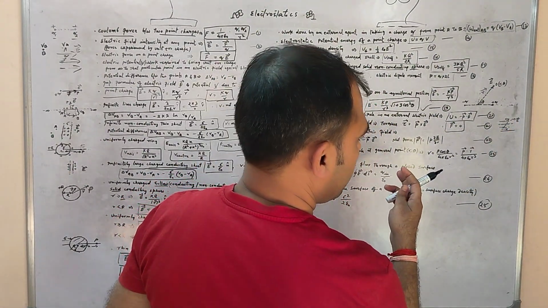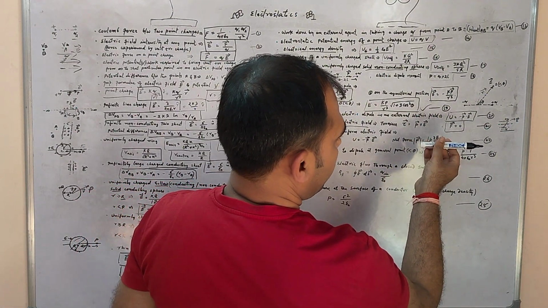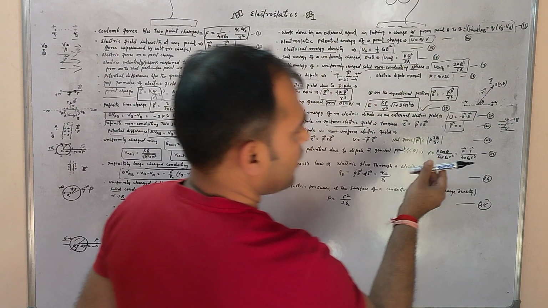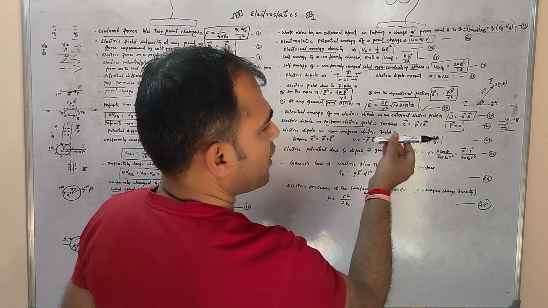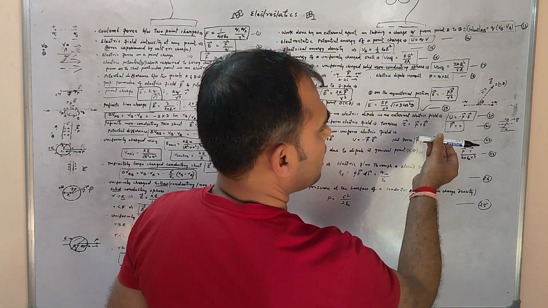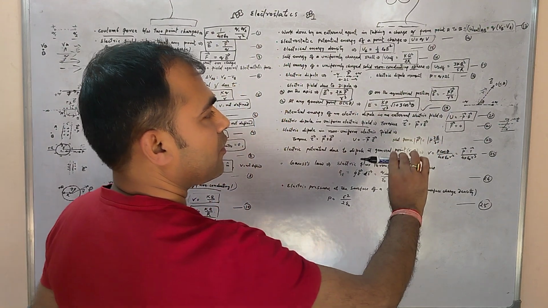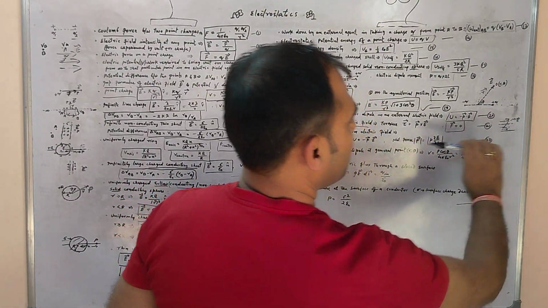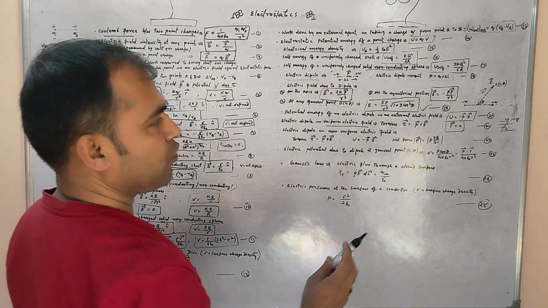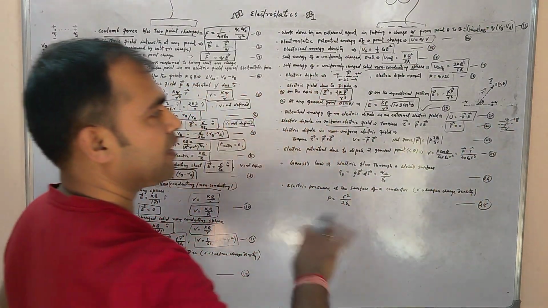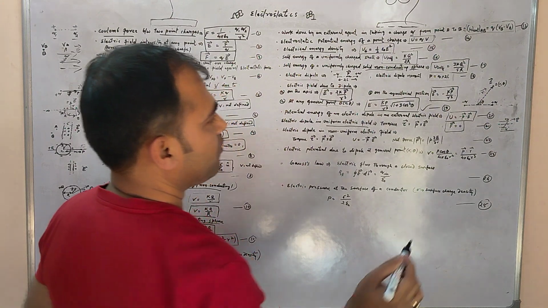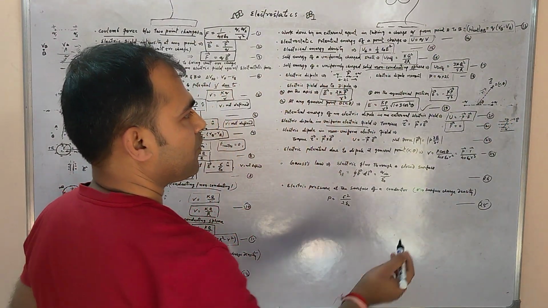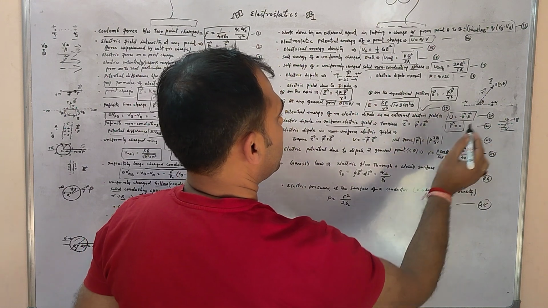So if electrostatic force on plus q will be on this side, then the same magnitude will be applicable for minus q but opposite side. So after addition both will cancel out, so F will become 0. Equal magnitude but opposite direction due to opposite charge.